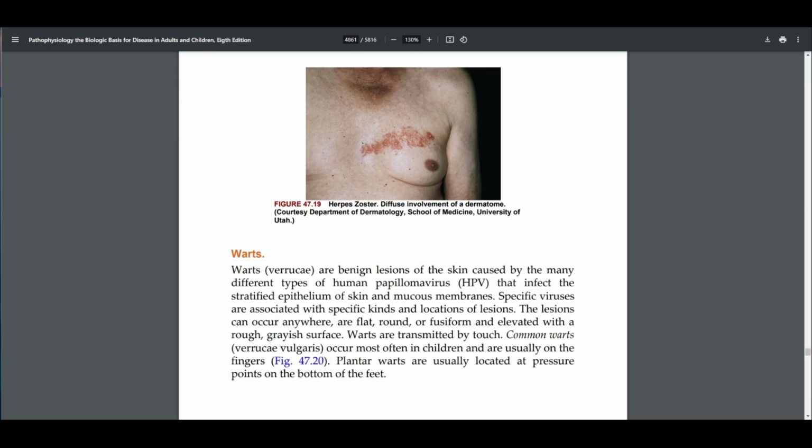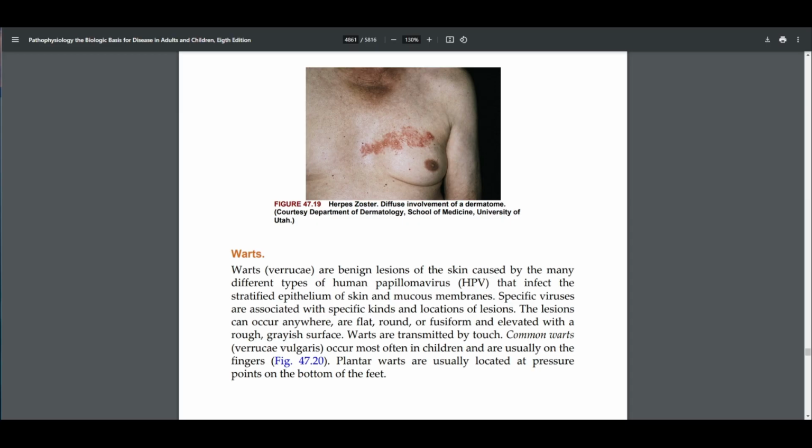Talking about warts. Warts, or verrucae, are benign lesions of the skin caused by the many different types of human papillomavirus that infect the stratified epithelium of the skin and mucous membranes. Specific viruses are associated with specific locations of lesions.